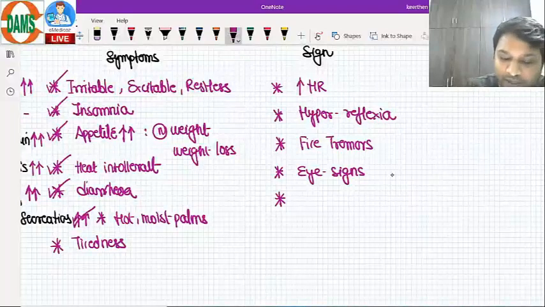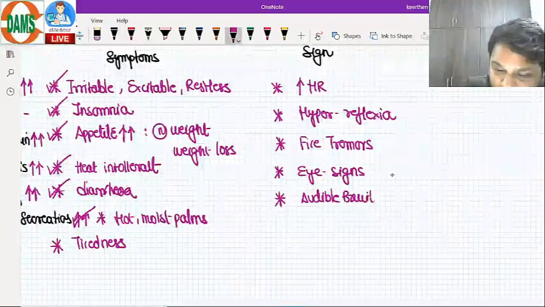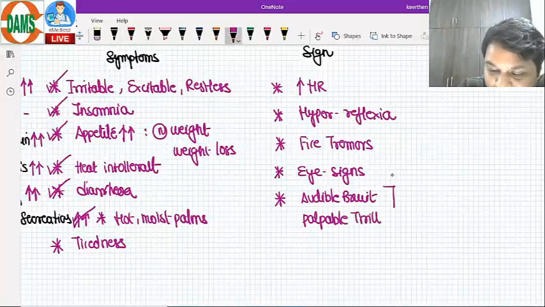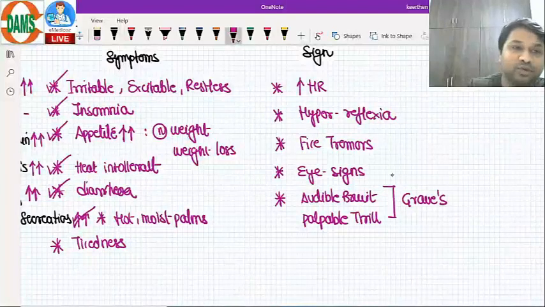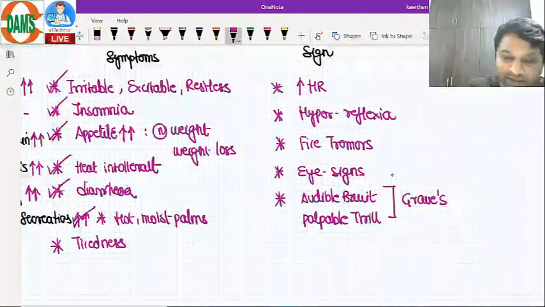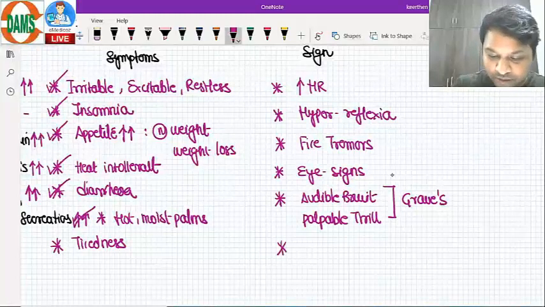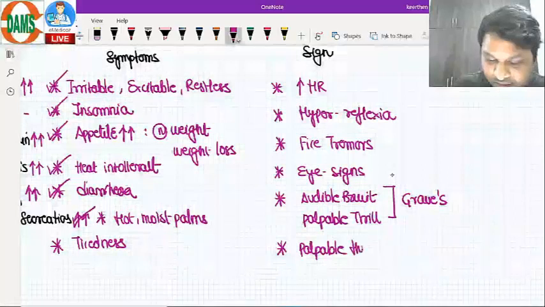Specifically, when you palpate the patient, the patient is going to have an audible bruit and palpable thrill. This is because of hypervascularity, which is seen more commonly with Graves. As I told you, Graves is associated with increased vascularity. Of course, the patient will also have a palpable thyroid gland.